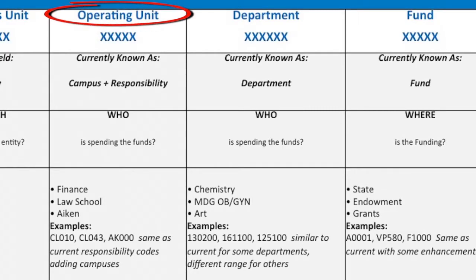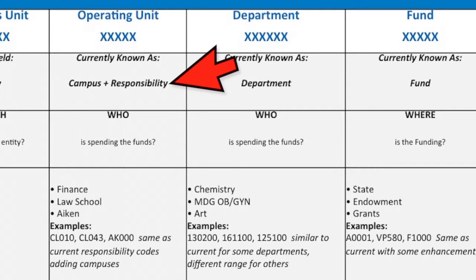Next, we go to operating unit. And you'll see up here the X's. That tells you how big the field is. And also on the second part here, it tells you what it is a combination of from our current system. So it's campus plus responsibility. All right?